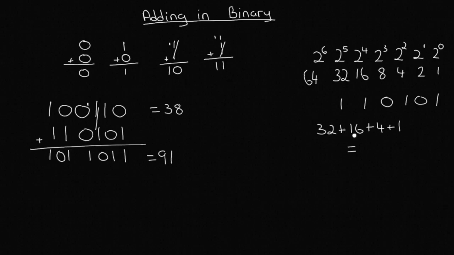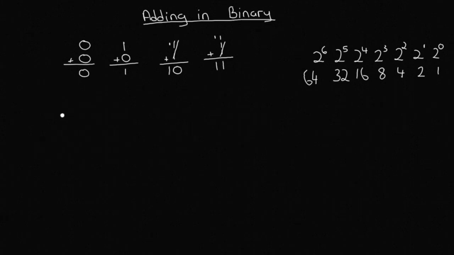If we add all these up together, we can see that it's equivalent to 53. We can put 53 over here so that we don't forget about it. So if we take 53 and add it to our other number, which is 38, our total will be 91. And this is one way we can make sure that the binary number that we've solved is actually correct.